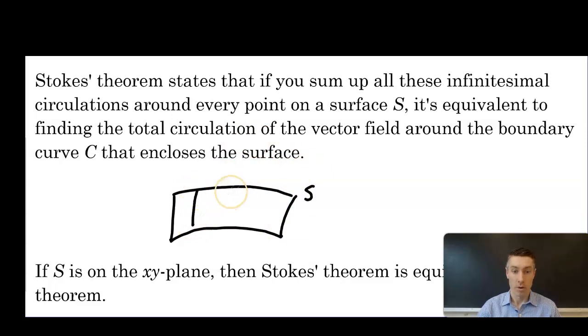What we're going to do is break up this surface into a bunch of small regions. Again, picture these to be infinitesimally small regions. We're making them big enough to draw a diagram. Now, imagine a single point in each of these infinitesimally small regions. We can compute the curl of the vector field at each of those points, and that gives us axes of rotation, and we can figure out how the vector field is rotating or circulating around that particular point.